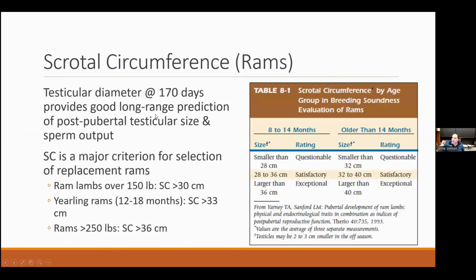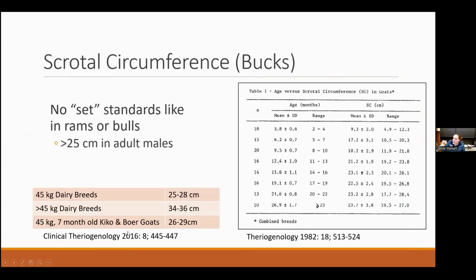And like I said, as far as scrotal circumference goes, we've got a pretty good grasp on some of our rams. Again, these are more for our temperate breeds. I found that our haired breeds are going to vary a little bit more. So if you've got different groups, you can look at your trends, but it's around 30 to 33 for our younger ones, and then greater than 36 centimeters for our large adult rams that are bigger in size.